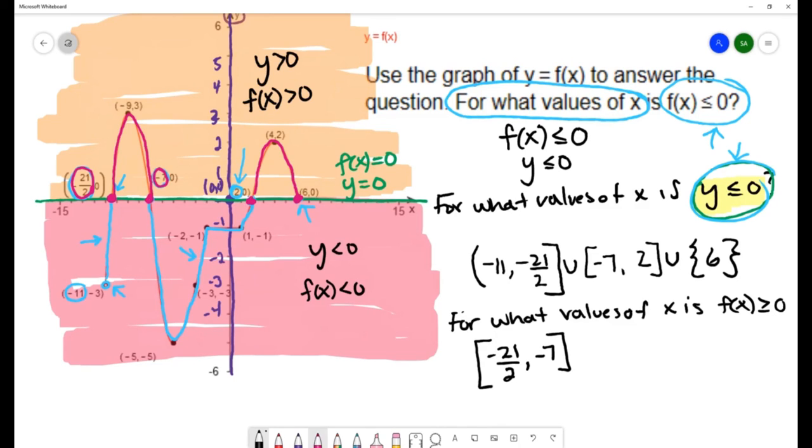And then for this interval here, it would start with 2 and end with 6, both with brackets. And we would union those sets together. So we have negative 21 over 2 to negative 7, union with 2 to 6.